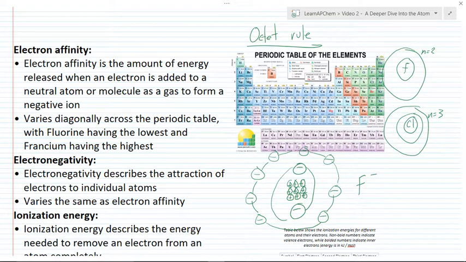In general, noble gases have a very high electron affinity just because they have a full octet. So in terms of the general trend, you're absolutely right that this would not apply to noble gases. You wouldn't really be asked, does neon have a higher electron affinity than, say, calcium?